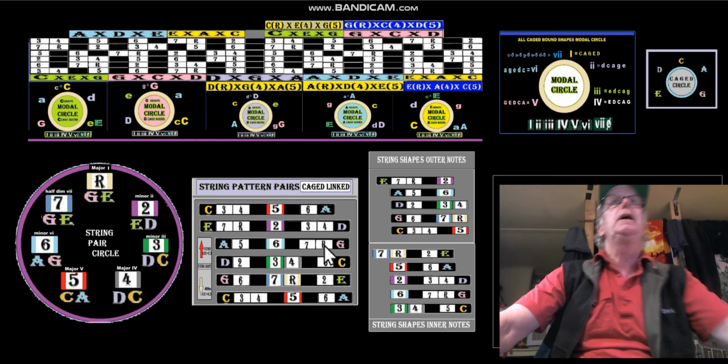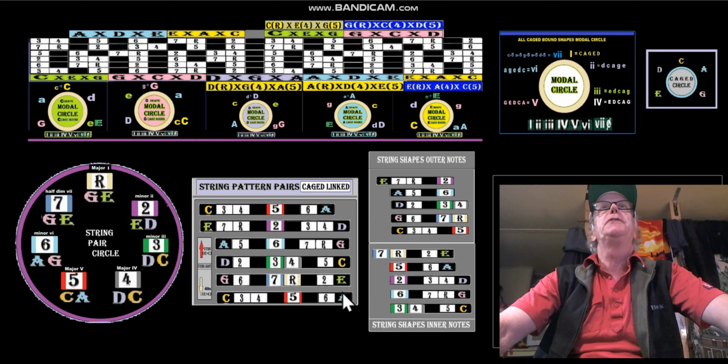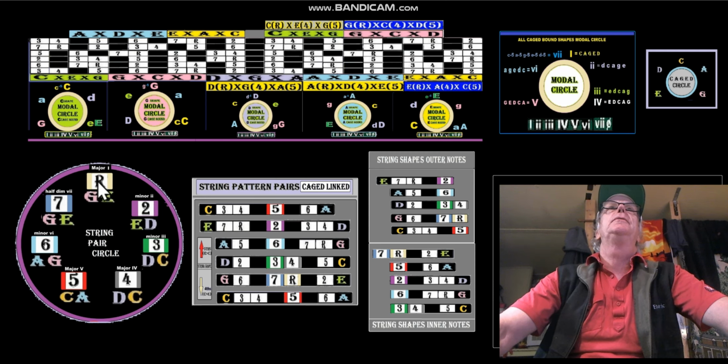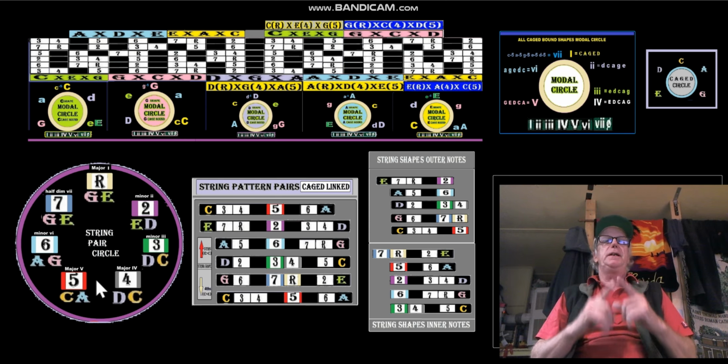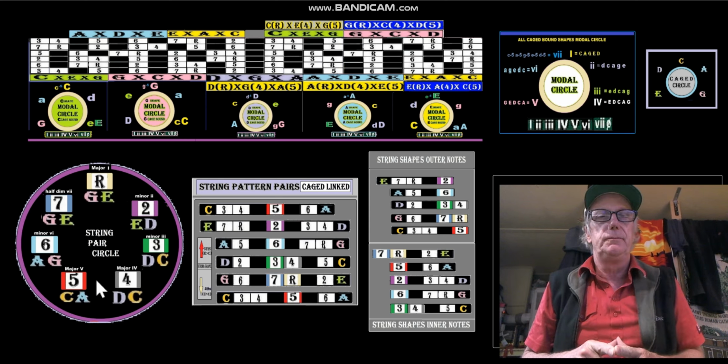I knew that I was on the right track for something with these string pattern pairs. Okay, and then I made the string pattern pair circle. What it means is we want to target individual notes. We're down to the individual note now.